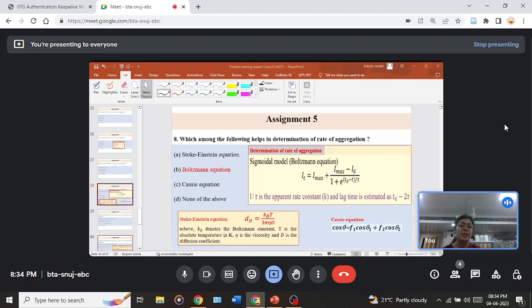I max is the maximum intensity, and I(t) is the intensity at that particular time, and I naught is the initial intensity. Oh, sorry, not intensity of light, it is the intensity of the dye, that is the ThT dye.